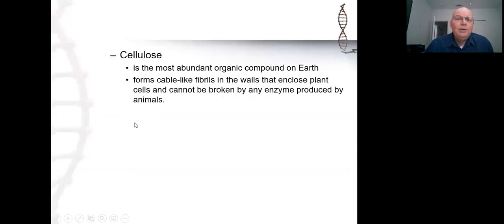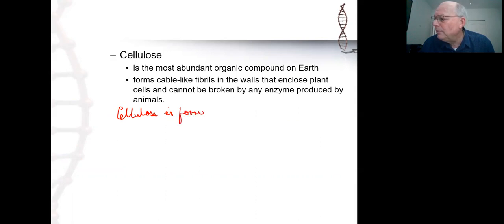Then the third polymer is cellulose. And cellulose is formed from a different form of glucose. There are two forms of glucose.